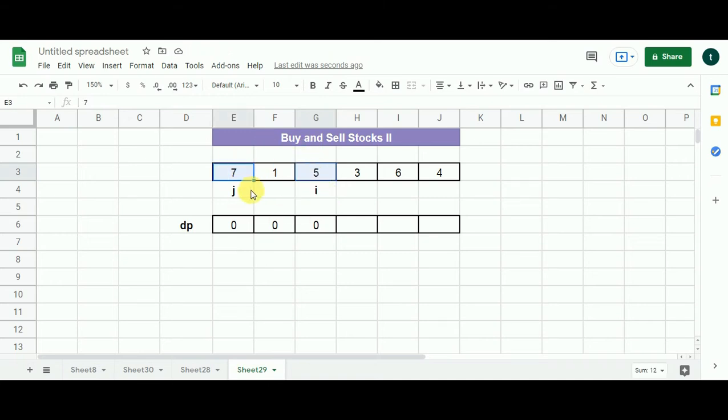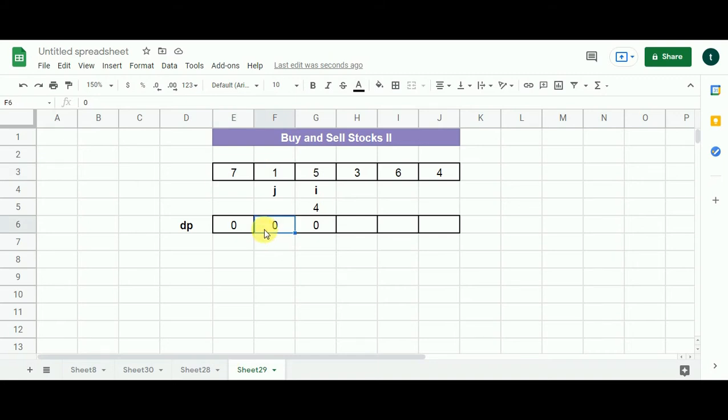j moves one cell to the right. It now represents 1. Buying the stock at 1 and selling it at 5 will give me the profit as 4. Now one thing that you need to keep in mind is that this cell stores the profit obtained till here. We might have bought and sold the stock previously and obtained a profit that is stored here.